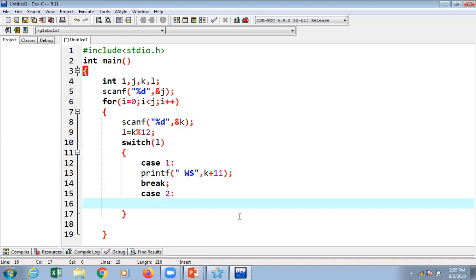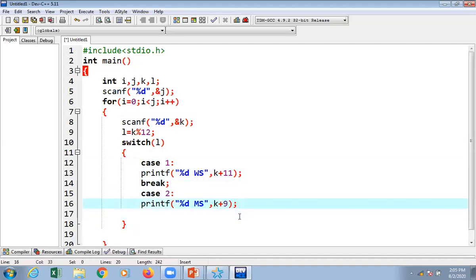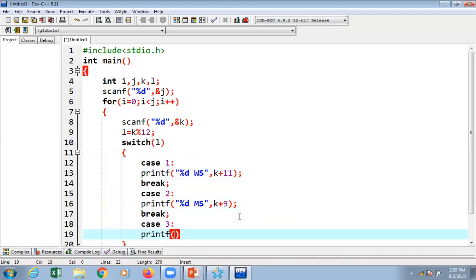Similarly, for case 2, it will be the middle seat, and we have to take the integer also, so percentage d. Case 3 will be printf percentage d as, and that will be k plus 7.